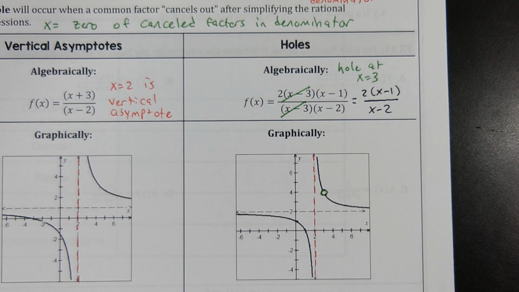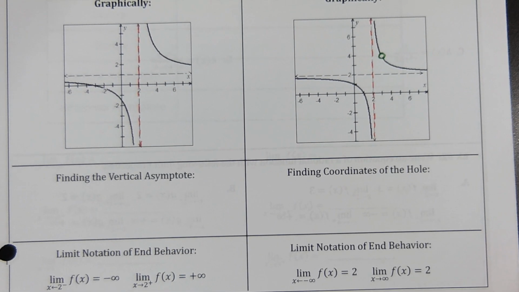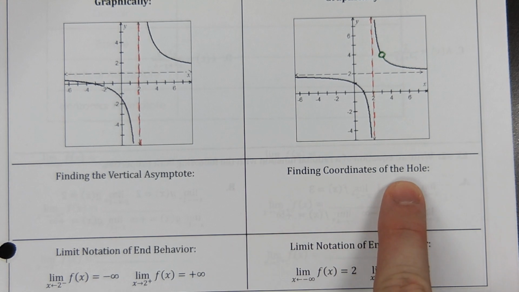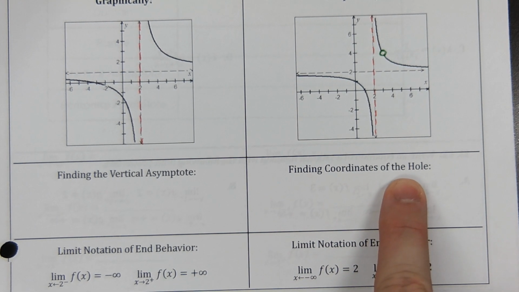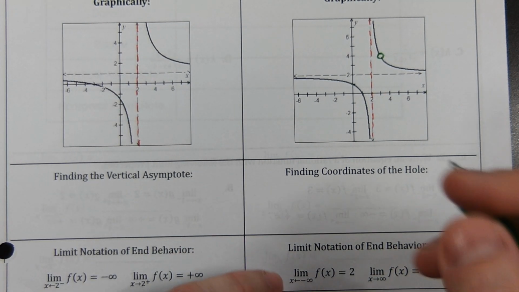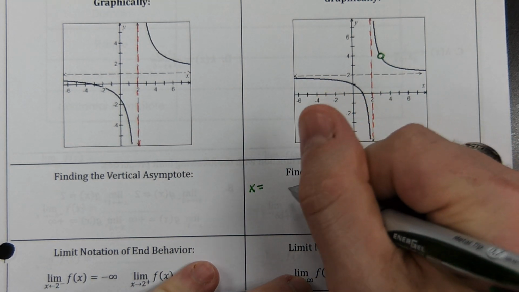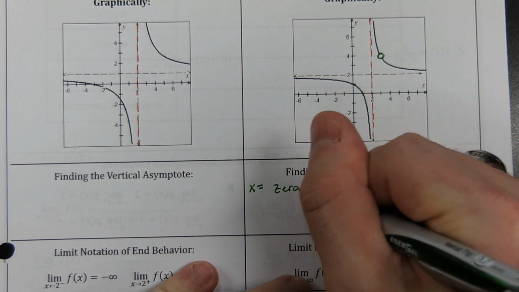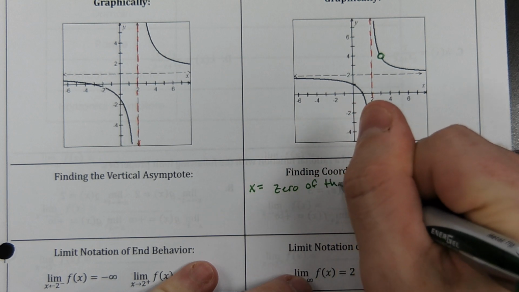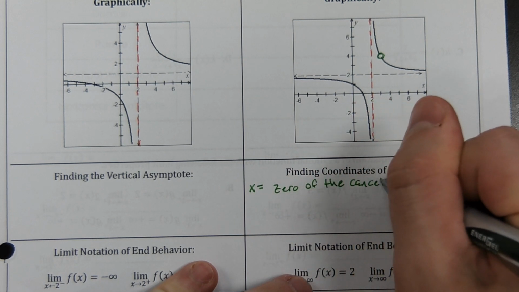In fact, if you come down here, there are instructions for finding the coordinates of the hole. It's going to be, and I already wrote this but I'm writing it again, x equals the 0 of the canceled factor.